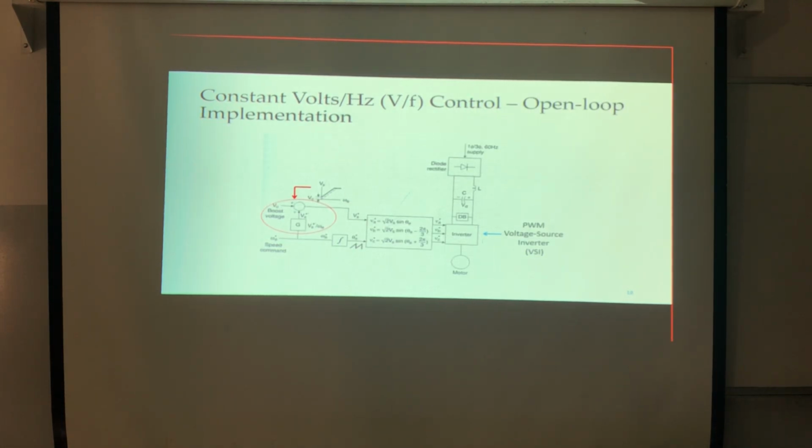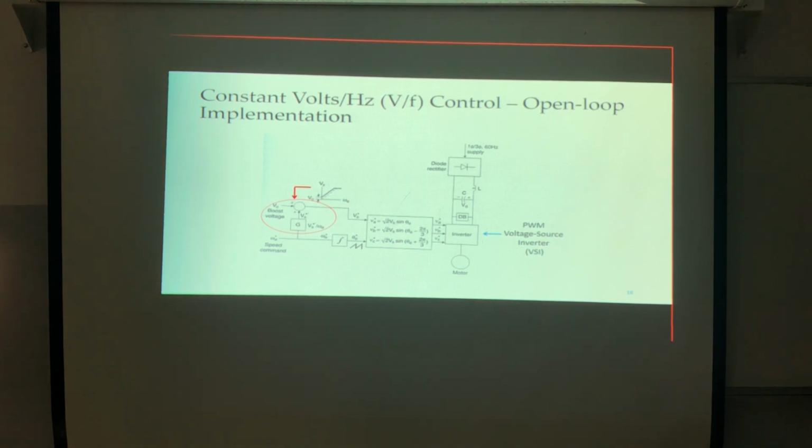So if I need to implement the constant volt over Hertz control, now we have open loop and we have closed loop. This one is open loop or closed loop? The control signal has no relation with what?